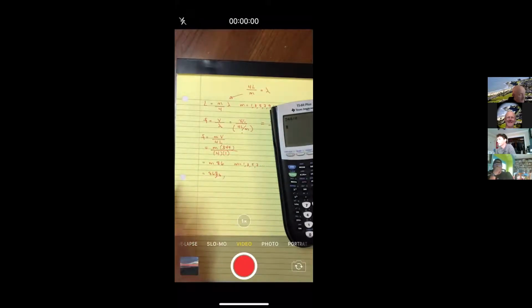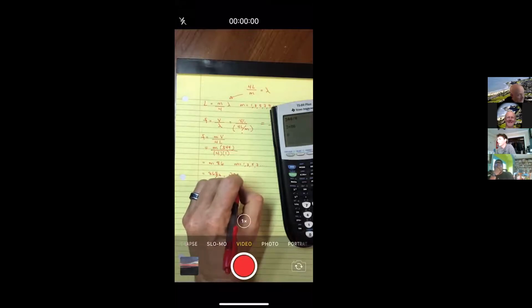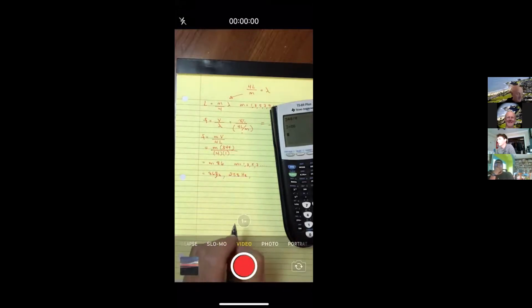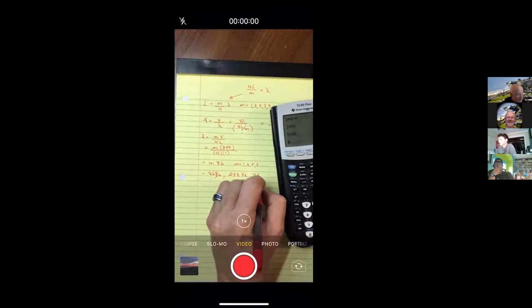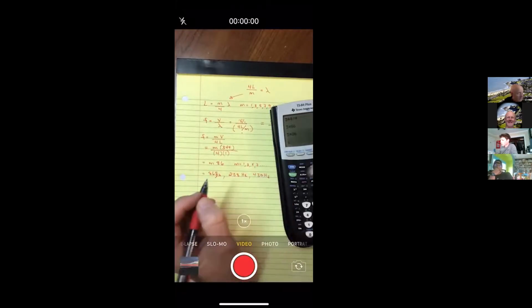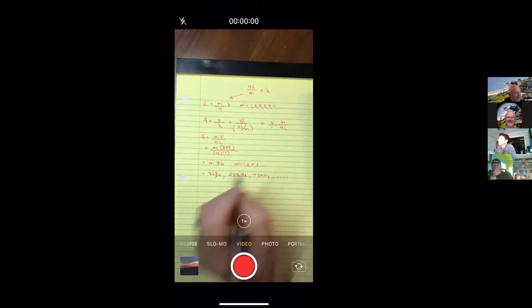If I put in a 3, I would go 3 times 86, so 258 hertz. I could go 5 times 86, that's 430 hertz. And then you can just continue.